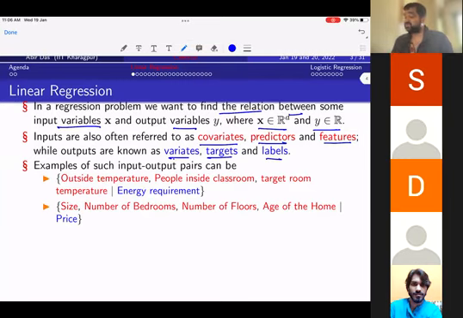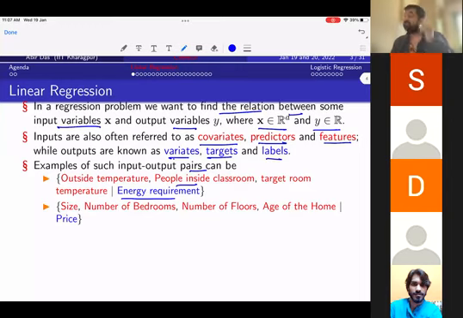Examples of such input-output pairs, some problems that we deal with in regression: suppose you need to know the energy requirement of a classroom. What is the outside temperature? What is the number of people inside the classroom? What is the target room temperature?